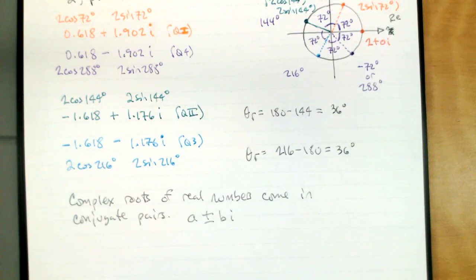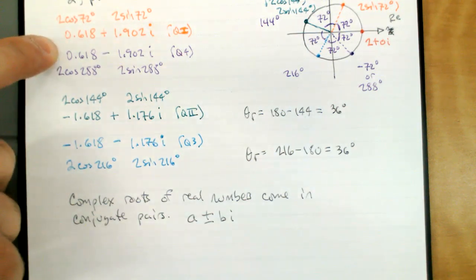Complex roots of real numbers always come in conjugate pairs: the real part a plus or minus the imaginary part bi. The fifth roots of 32, the real one was 2.